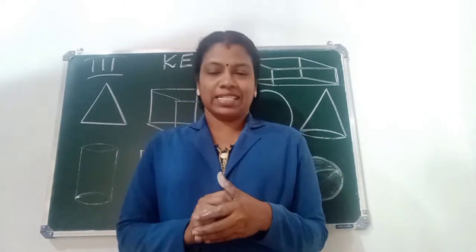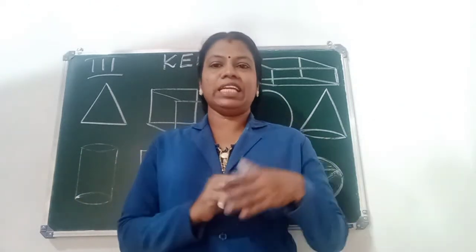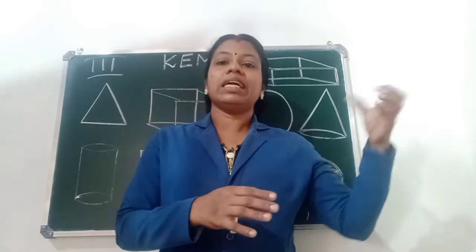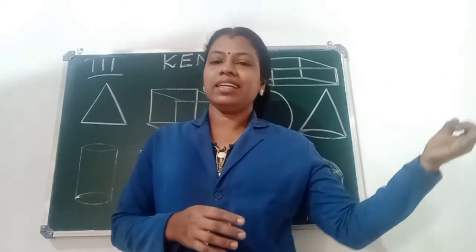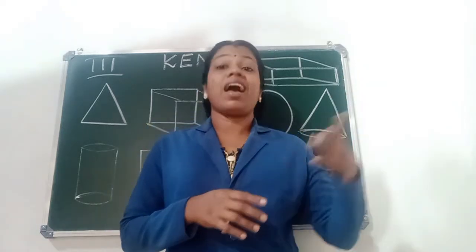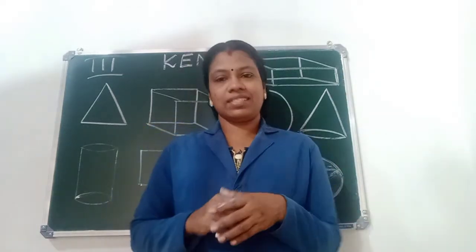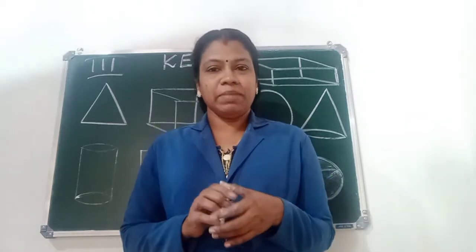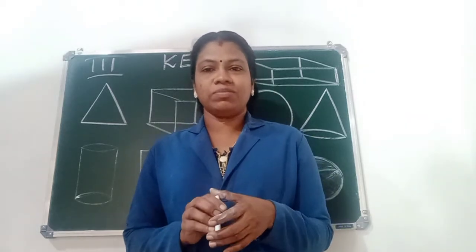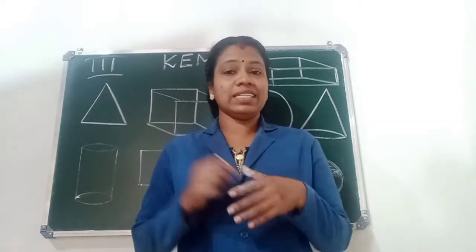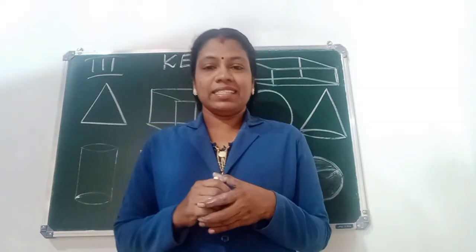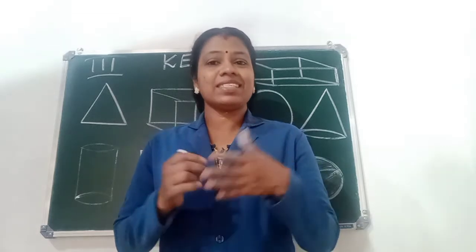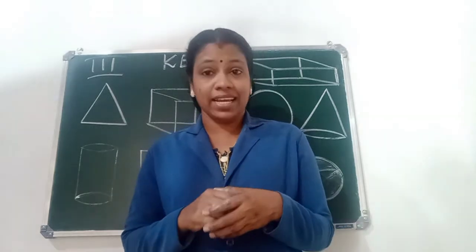So you have an assignment. Write down the names of things or objects which have curved edges, straight edges, and both curved and straight edges. Can anyone tell me an example of an object having both curved edge and straight edge? Yes, we have some types of chairs.